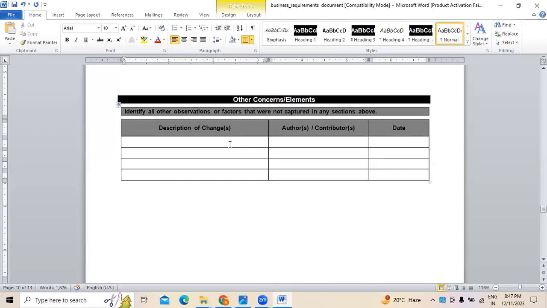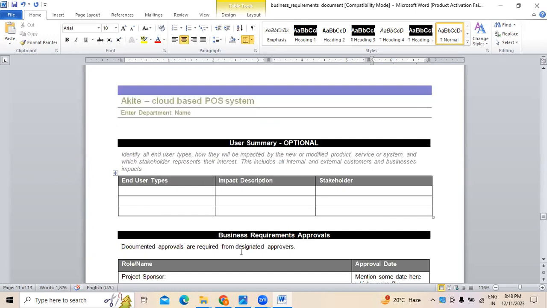For example, we have submitted the BRD document to the technical team and they are working. If there are any changes made by the customer, we have to mention those descriptions, followed by who made the changes and when. We do it later, not immediately, if needed.